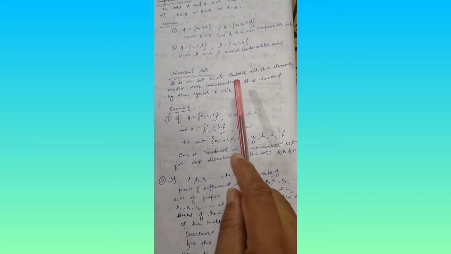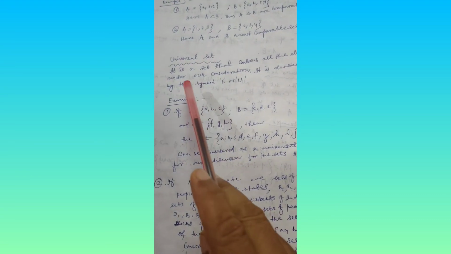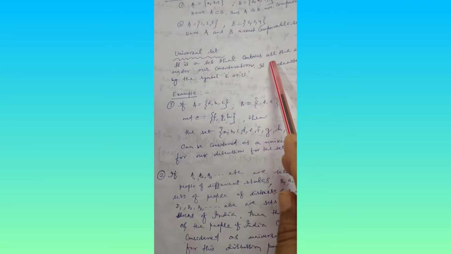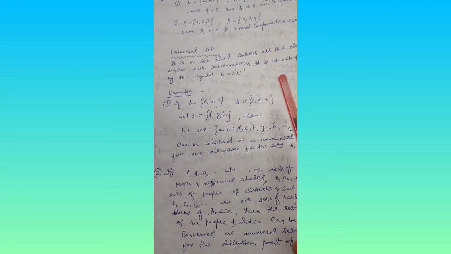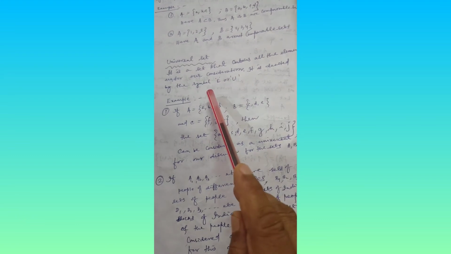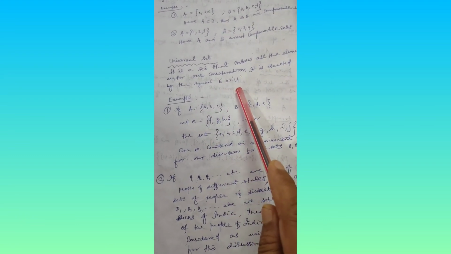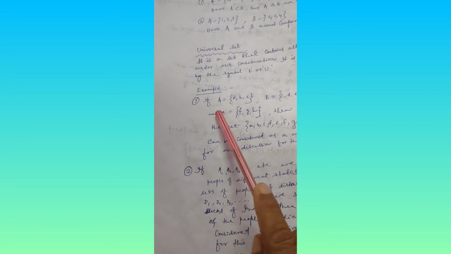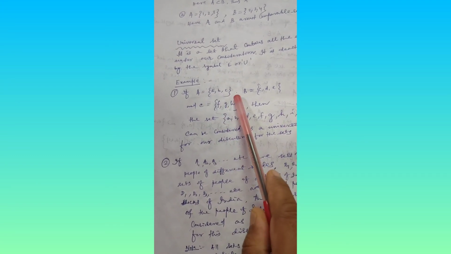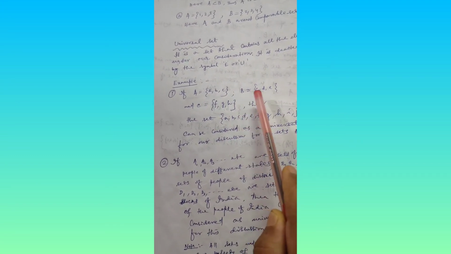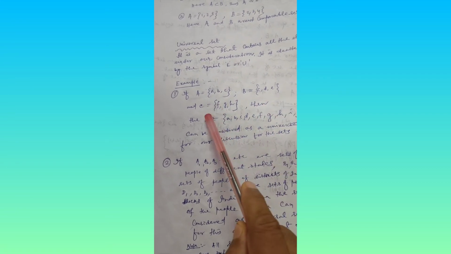Another type of set is the universal set. A universal set is a set that contains all the elements under our consideration. It is denoted by the symbol E or U. Examples: we consider the set A with elements a, b, c. Consider the set B with elements c, d and e. Consider the set C with elements a, g and h.